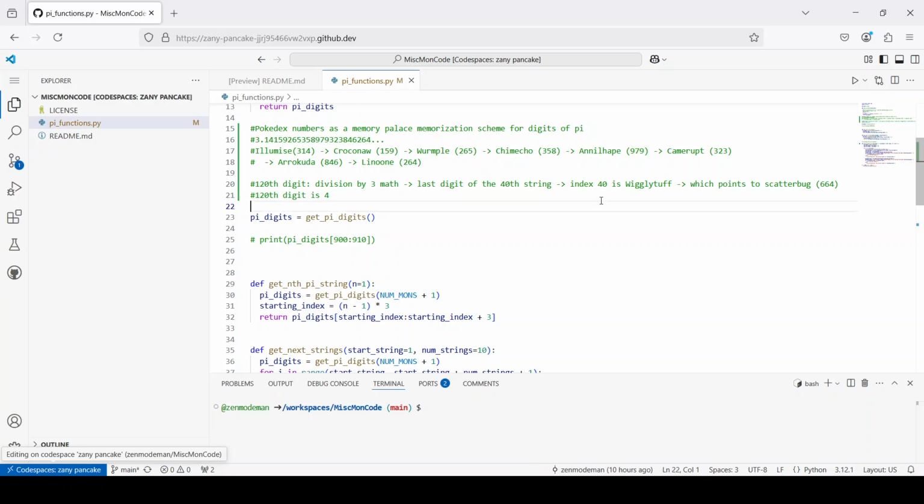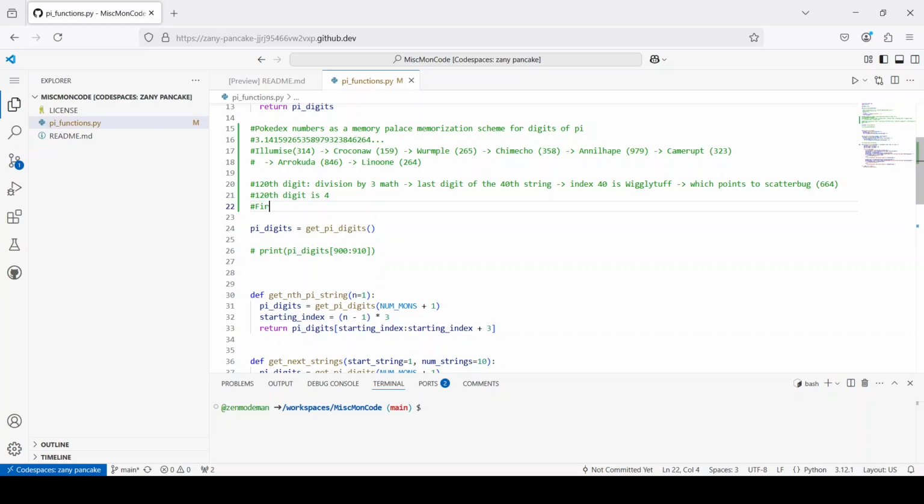So if I'm starting from the 120th digit, I don't have to go from the start to go past that.